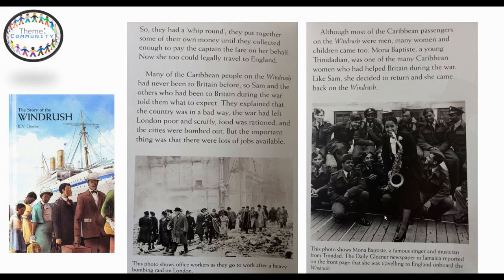Although most of the Caribbean passengers on the Windrush were men, many women and children came too. Mona Baptiste, a young Trinidadian, was one of the many Caribbean women who had helped Britain during the war. And like Sam, she decided to return and she came back on the Windrush.